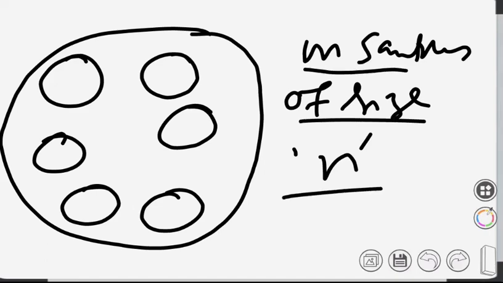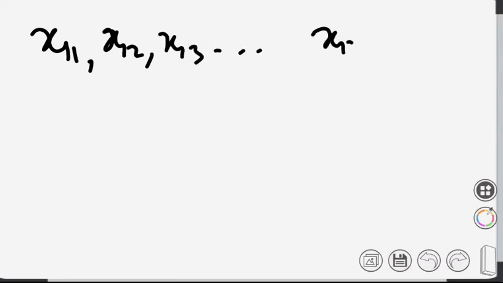Okay? That means for each sample there will be n elements and I will denote the samples like this. The first sample I'll denote as x11, x12, x13, dot dot, x1n.